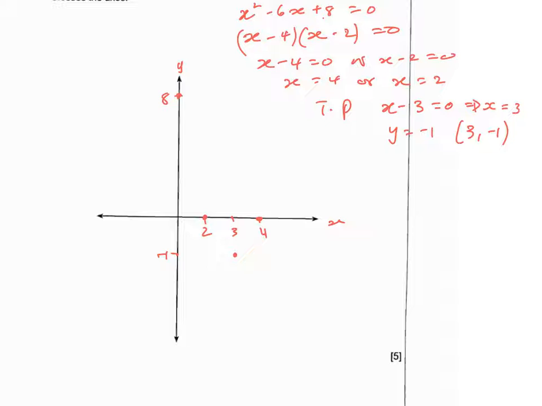Okay, now what I do, I just draw my curve from here, and this will be the axis of symmetry, the line of symmetry. From here to here is 3 blocks. That means from here I should also have 3. So if this is 3, 4, the next number will be 6 here.